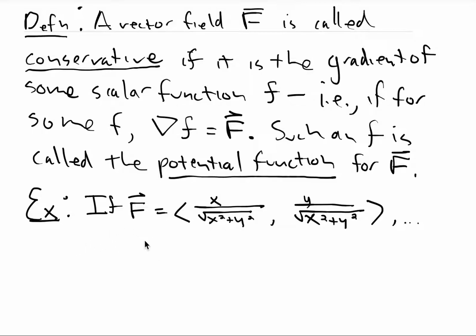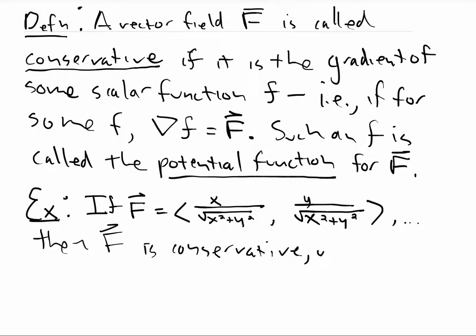So for example here, we've worked with this function the past couple examples. If that is my capital F function, then what this is saying is that this capital F is conservative. It is the gradient of some scalar function.